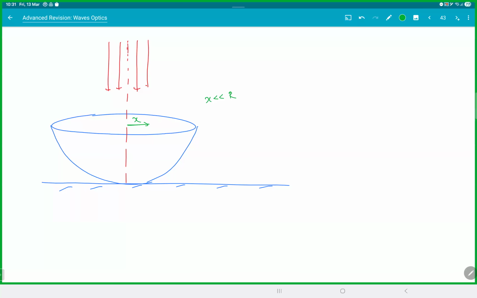Then they'll ask you to find the number of maximas. This distance is up to x. How will you find it? What is the shape of the fringes? So the question would be to find the number of maximas. The refractive index is mu.